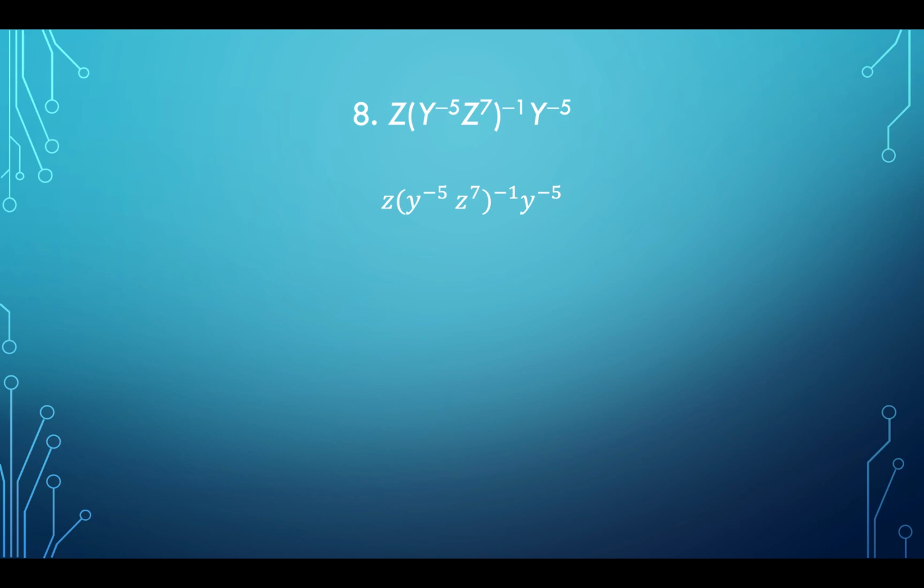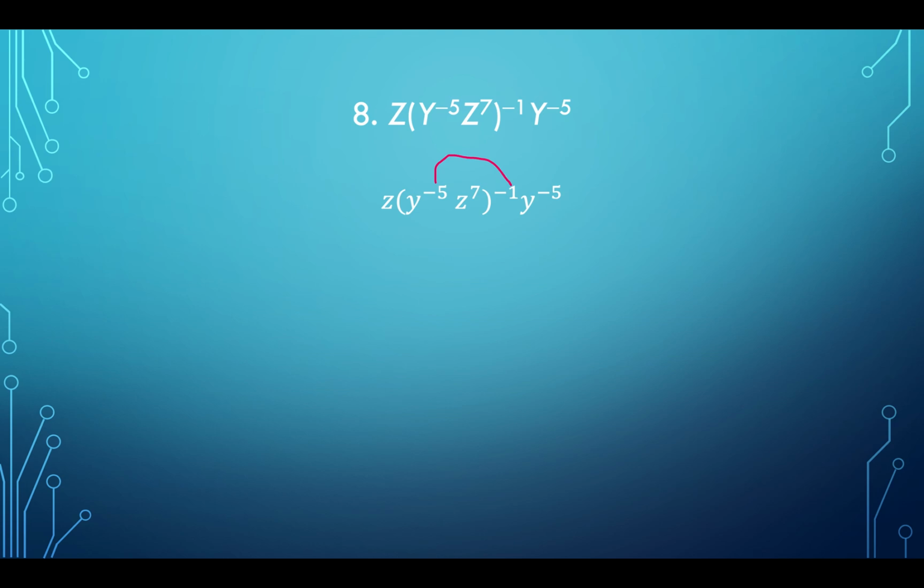In number 8, we have z, and then in parentheses, y to the negative 5, z to the 7, close parenthesis, all to the negative 1 power, and then we have y to the negative 5. What we have to do with this negative 1 is distribute it to each variable in the parentheses.